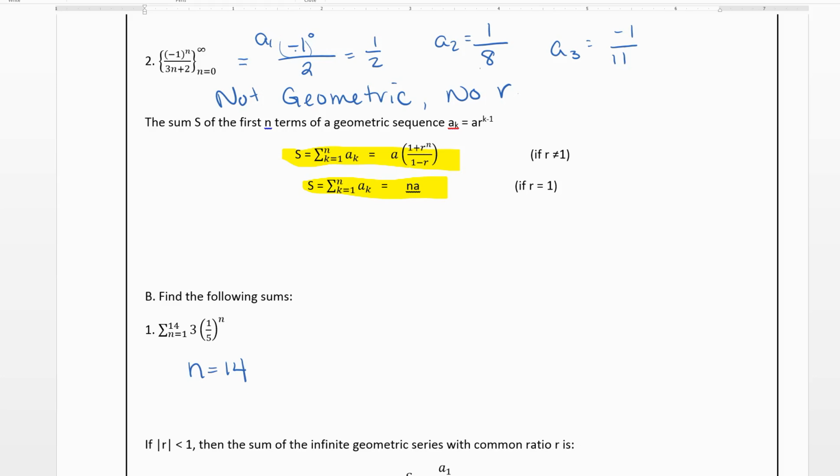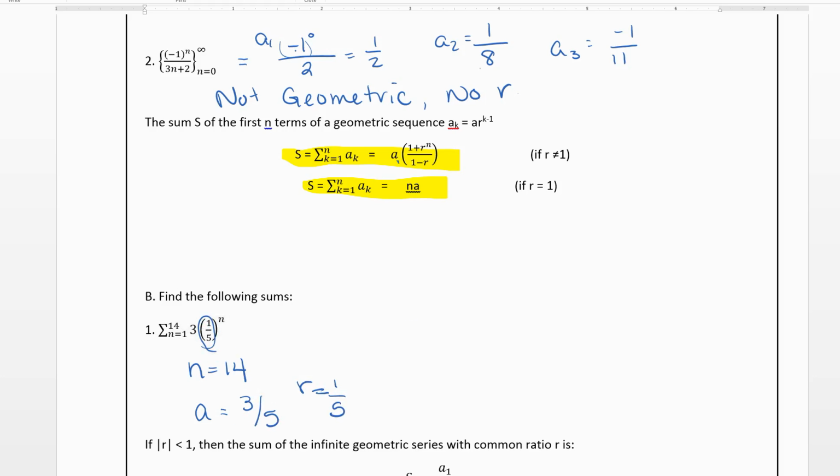This should be A1, your first term. So our A1 is 3 times 1/5, so 3/5. And our r here is 1/5.